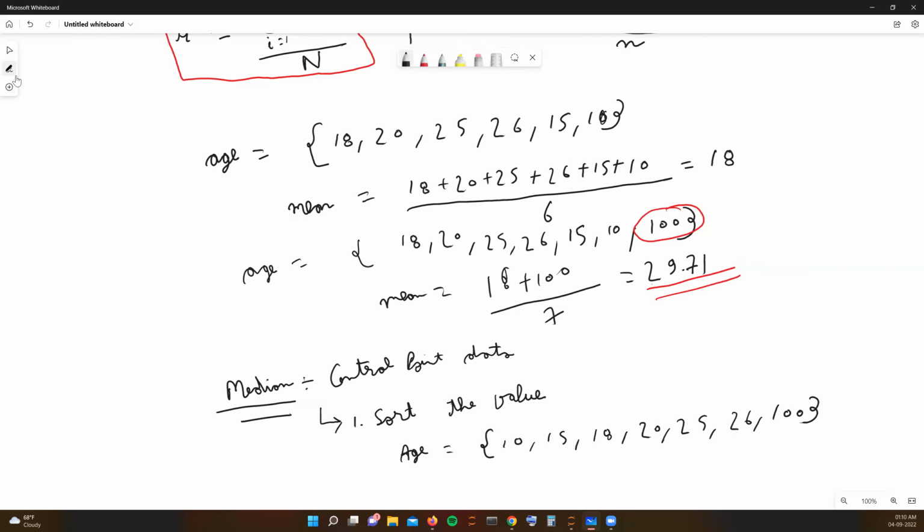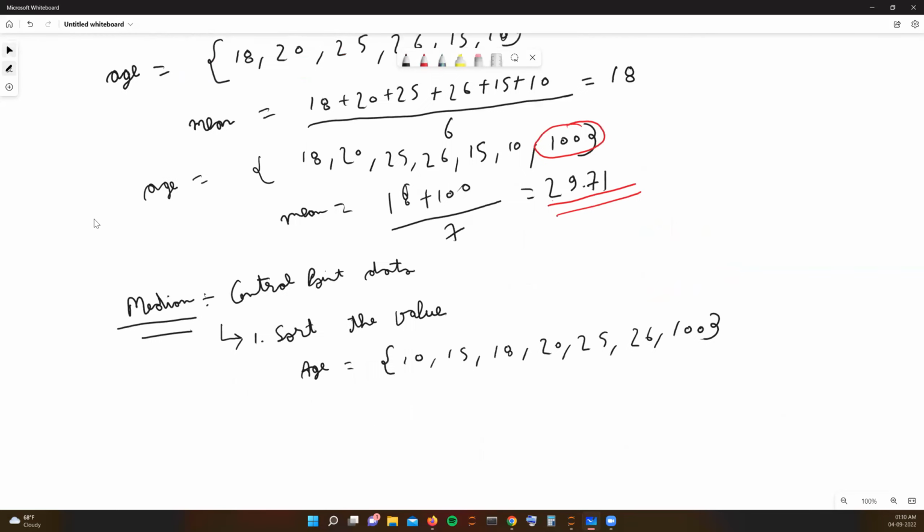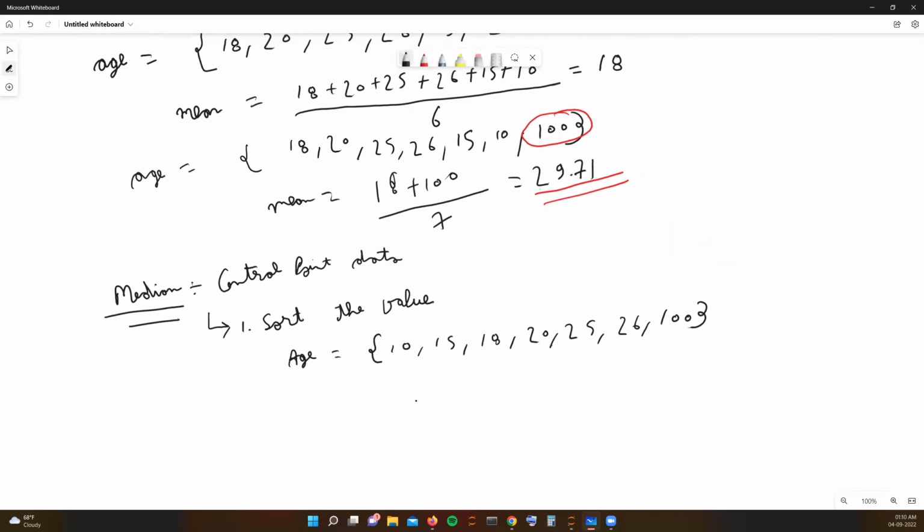And as I said, the median is my central point, right? So what will be the median here? I just have to go to the central point. Around 7 points are present, right? So three here and three here. My central point in these seven numbers will be my fourth point, so this number 20 will be the median of the data.